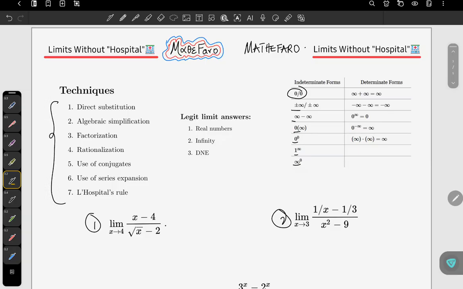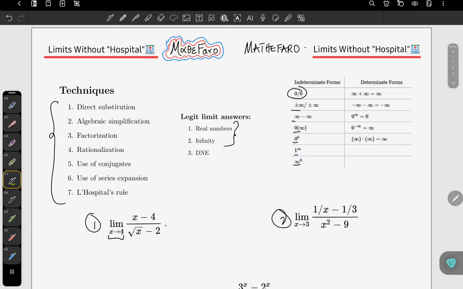When we have a particular question, what we are supposed to try first is direct substitution, substituting 4 directly into x, for instance, in this question, and see if we are going to get one of the valid answers: a real number, whether 0, a negative number, a positive number, rational or irrational, or infinity, whether positive or negative infinity.